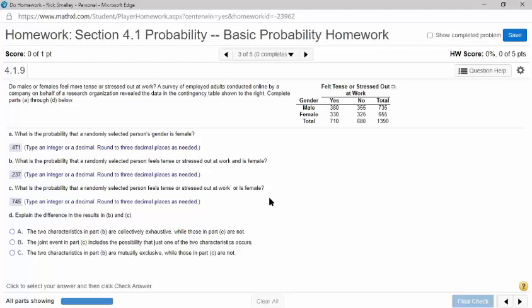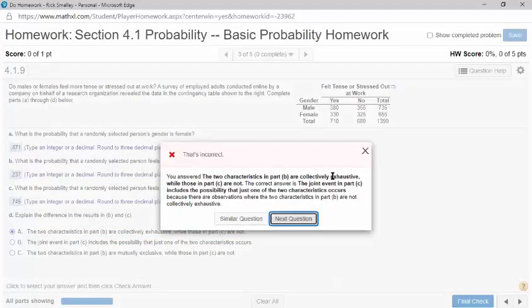The two events in B are mutually exclusive. That's not true because B said you could be stressed and being a female. That's definitely not it. I got to double check what collectively, so it's not mutually exclusive. I'm going to go with A. No, it must be B then.